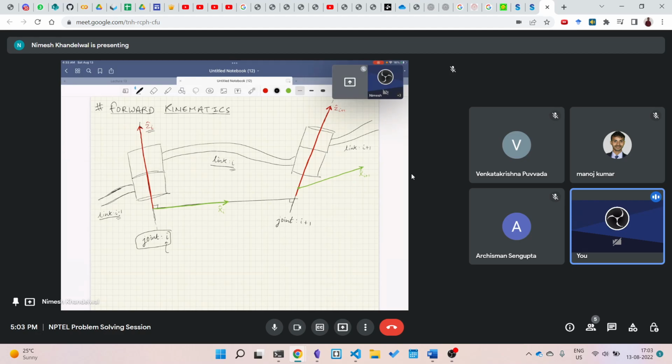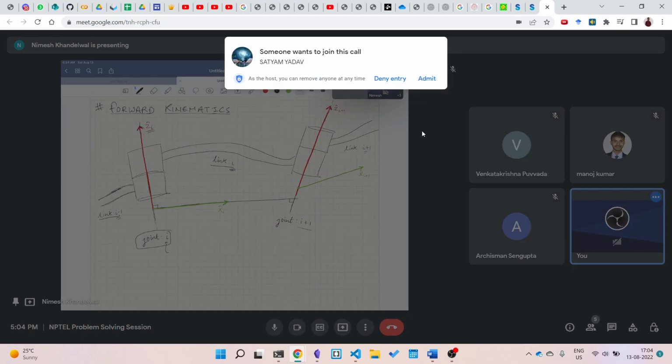Using this convention, the joint between link I and I plus 1 is what we call joint I plus 1. Then we assigned Zi to this axis of rotation, the axis of the joint.